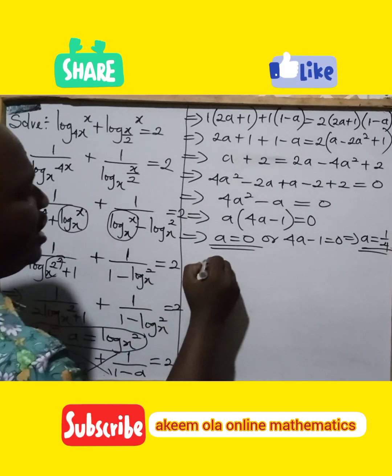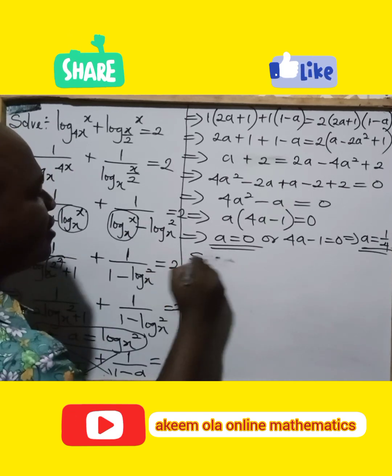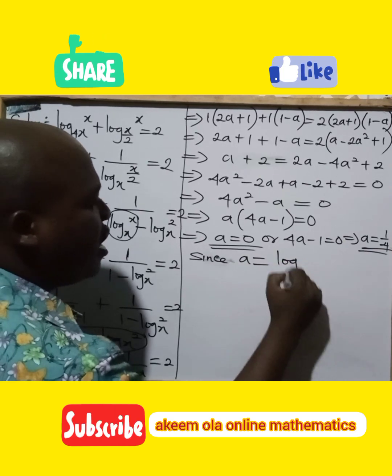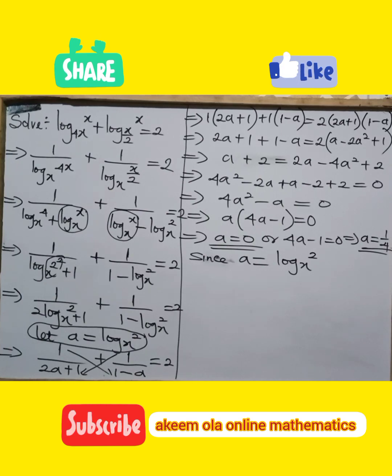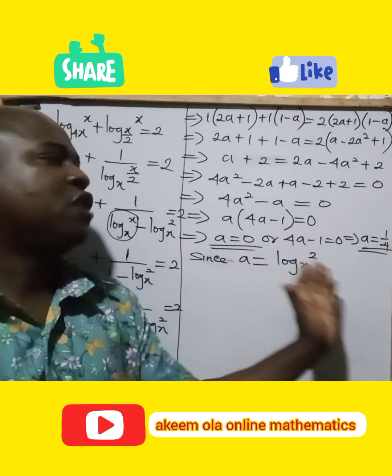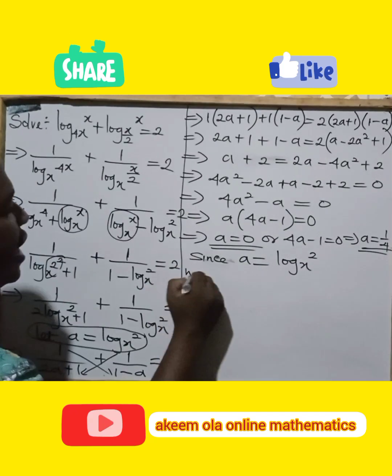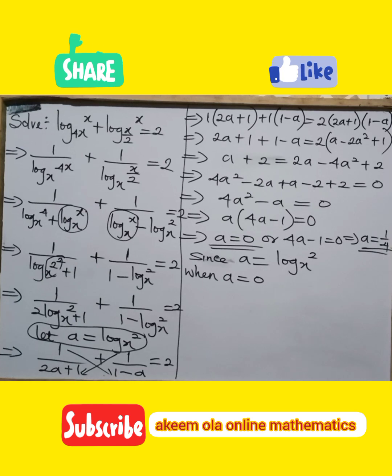Let a be equal to log x raised to the power of 2. That means I will now consider the value of a one after the other. I can write when a is equal to 0. Let's try and simplify that.